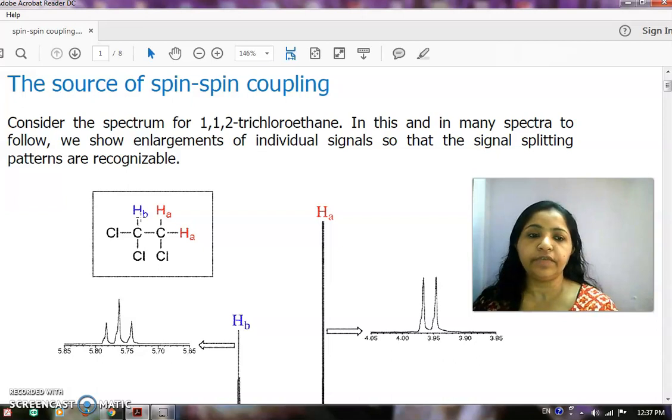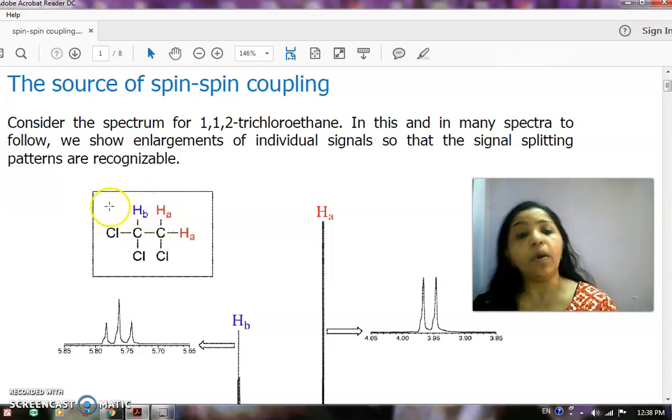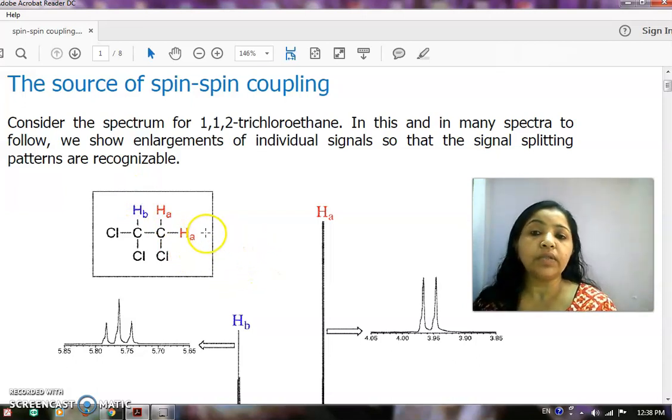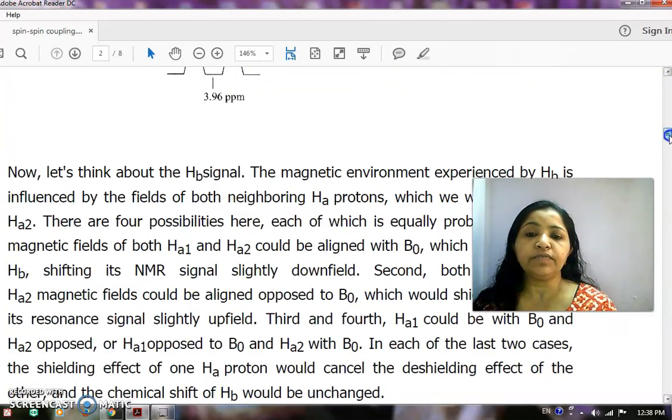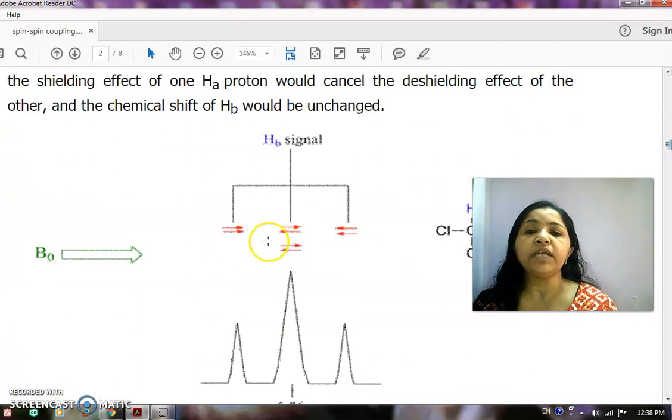How three different ways? Supposing this has one alignment, it will align with the applied magnetic field. This will oppose the applied magnetic field. Similarly, another HA is also there. It can align, it can oppose. So it can be that both are opposing, meaning both have the same opposition. If you see this particular arrangement, this is the applied magnetic field, two HA are there.